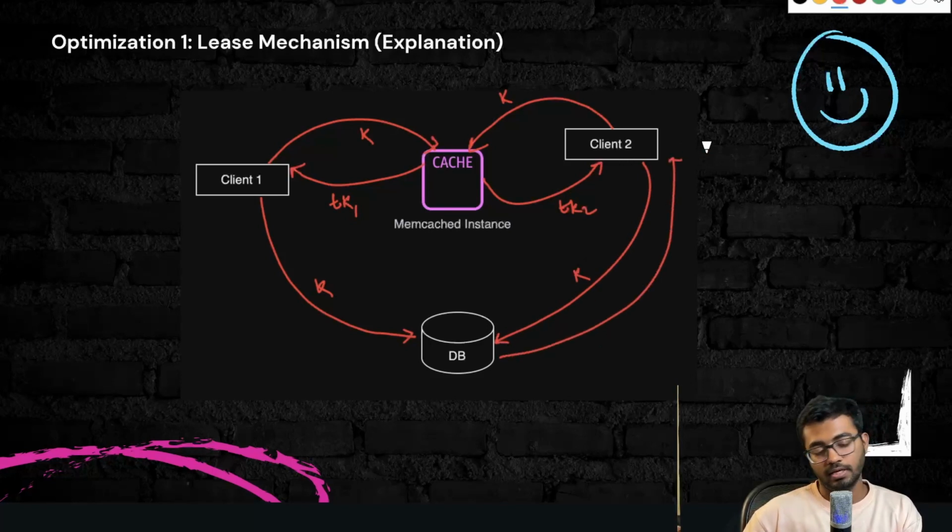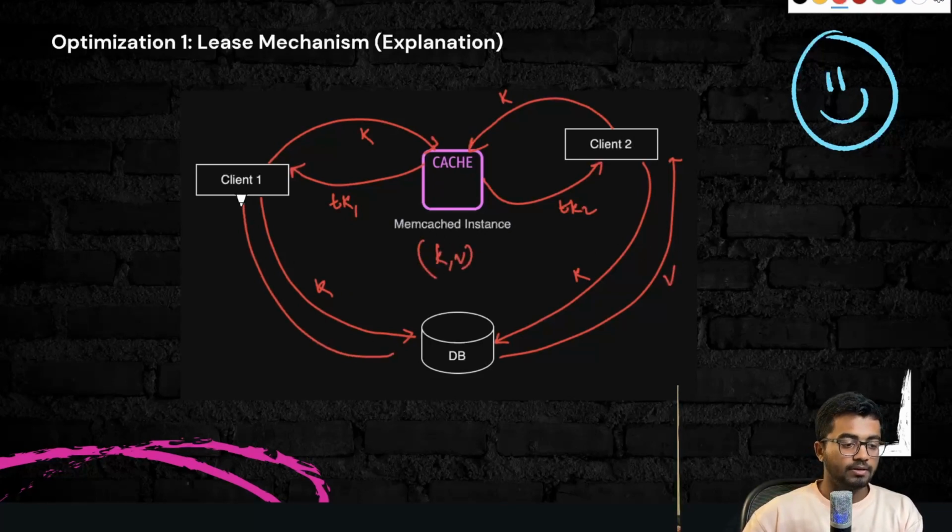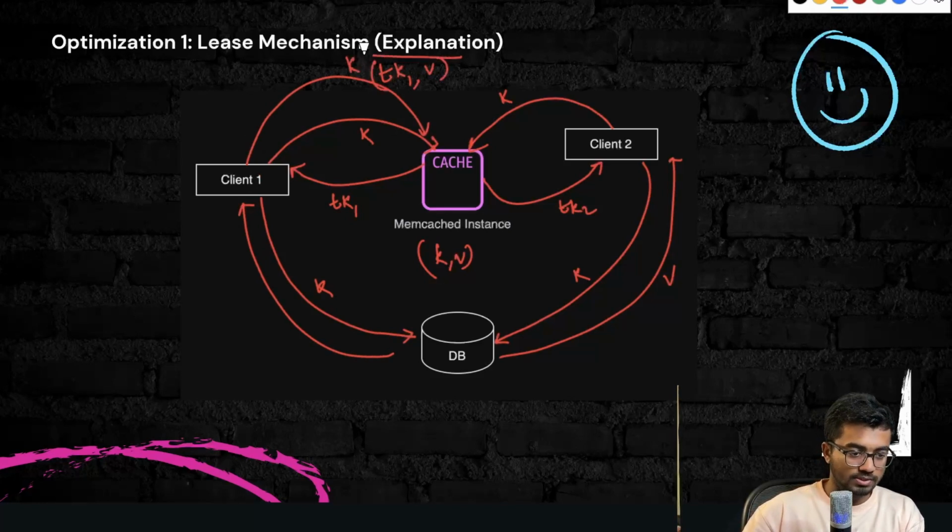Think about this, right? Client 1 is still stuck for some reason, and client 2 came back and set the value. So now the cache has a value of v for k, let's say. When client 1 comes back, it'll try to set the value. It will say, I have the token tk1, and this is the value v for the key k. Please set the value.